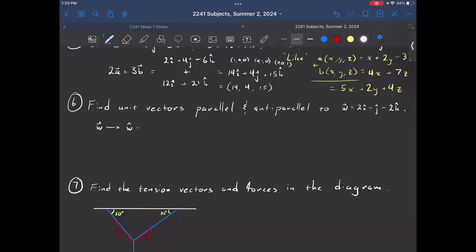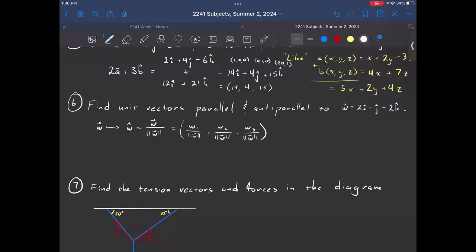Hats usually mean unit, which means length 1. And we simply take the vector, compute its norm, and then divide every coordinate of the vector by that norm. So this means W1 divided by norm W, W2 divided by norm W, and W3 divided by norm W.